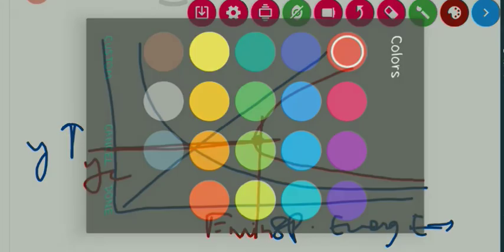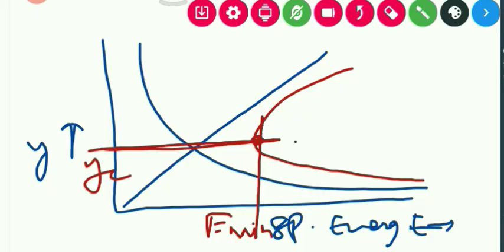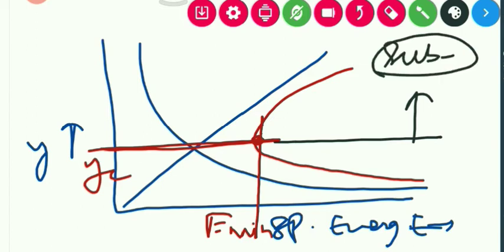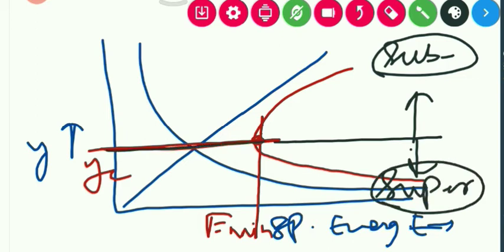The region above this critical depth is subcritical flow, the region below is supercritical flow, and the flow at this critical depth is called critical flow.